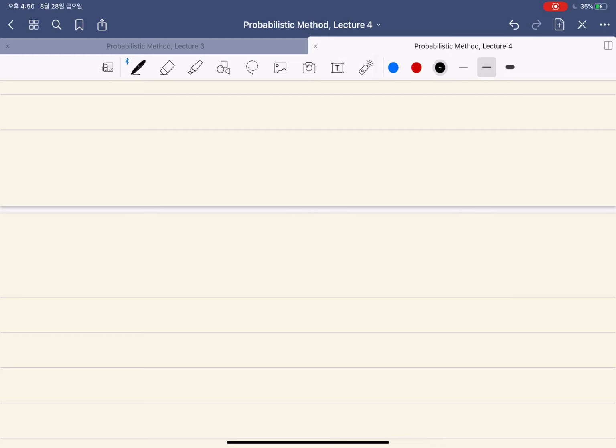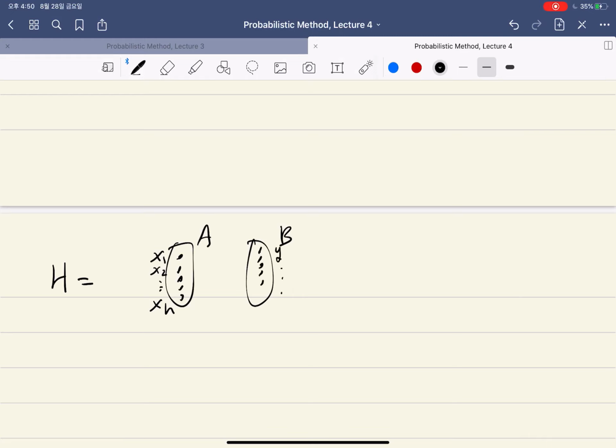So what do we do? One natural way: H consists of the vertices in A and vertices in B. Let's say we order these vertices x1, x2, up to x_h, and here we have y1 up to some number.